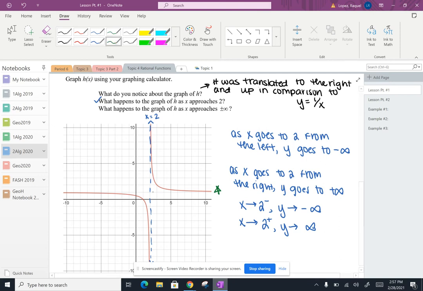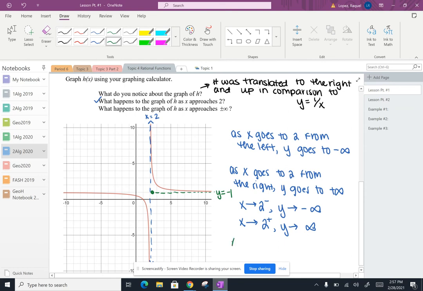Going towards the right, this part of the graph is getting really close to that green solid line that I just drew in, which I'll make into a dotted line. That value is 1, so this has the equation y equals 1.